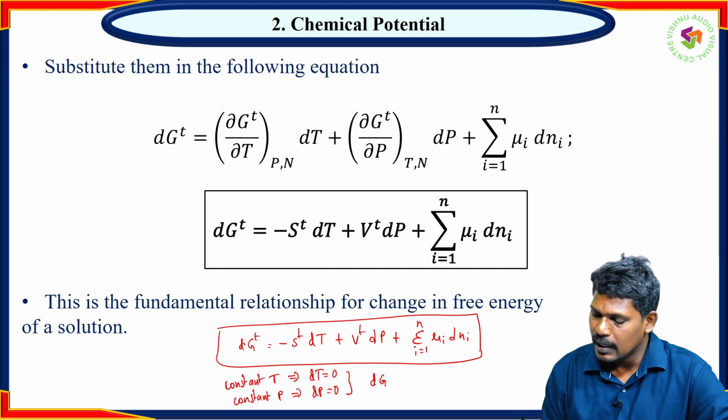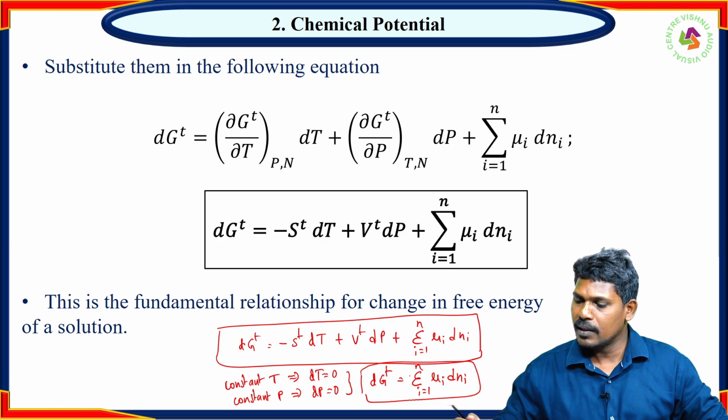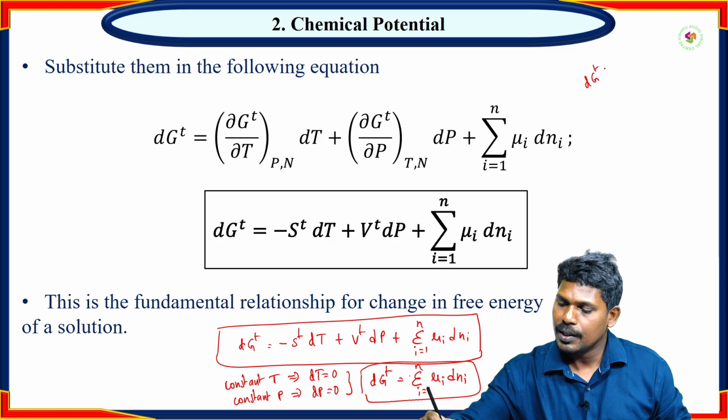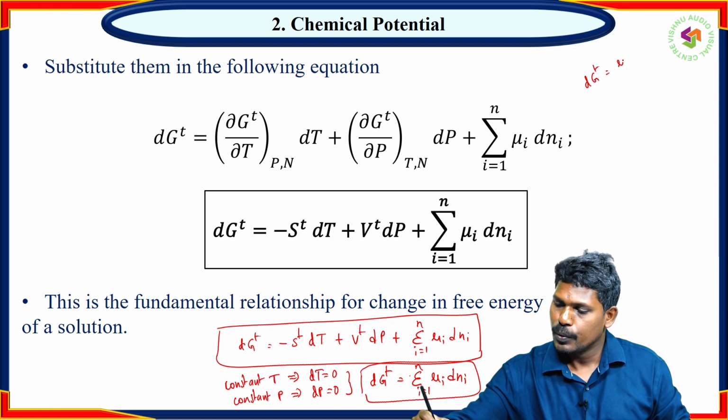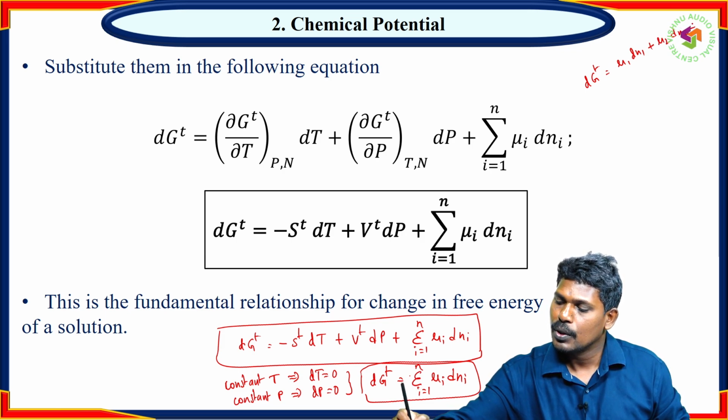We get dGT is equal to, something into 0, both are 0, the summation of i equal to 1 to n of mu i into dNi. Expanding this, we get dGT is equal to mu1 dN1 plus mu2 dN2, and so on.